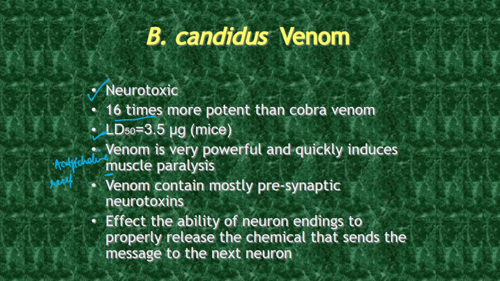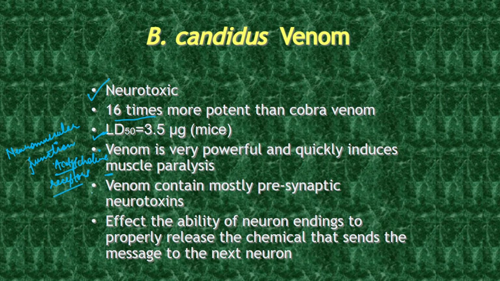If you remember from the last lecture, acetylcholine receptor clustering takes place at the neuromuscular junction. Since it acts on those, it induces muscle paralysis.